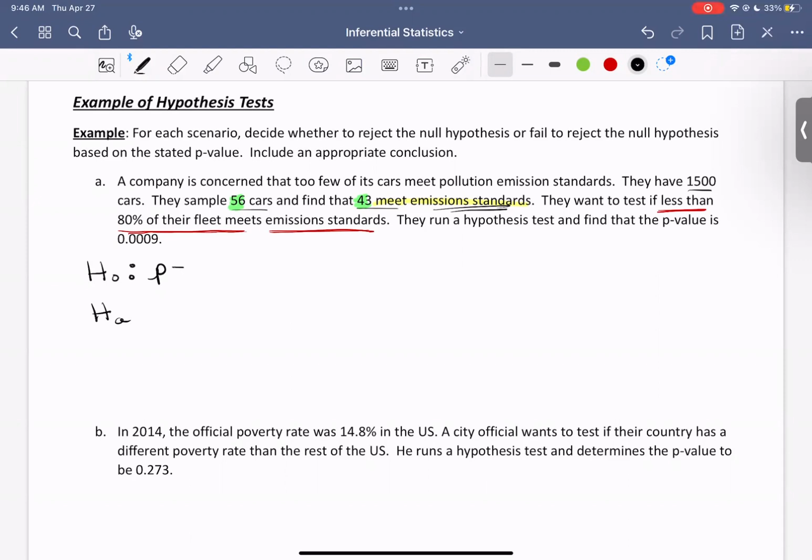So p equals 0.8, where p is the proportion of all cars, or at least all the 1,500 that they have, meeting the standard. Then the alternative here is that less than 80% meet that standard.